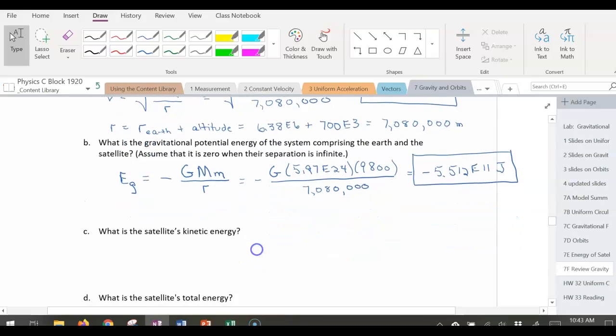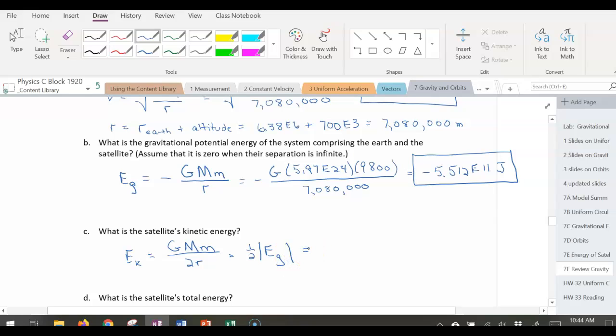Then it asks, what is the kinetic energy of the satellite? Well, the kinetic energy of a satellite is always positive. It would be G times the product of the masses divided by 2 times the orbital radius. If I compare the kinetic energy formula to the formula for gravitational potential energy, I see that this should be half of the absolute value of the gravitational potential energy.